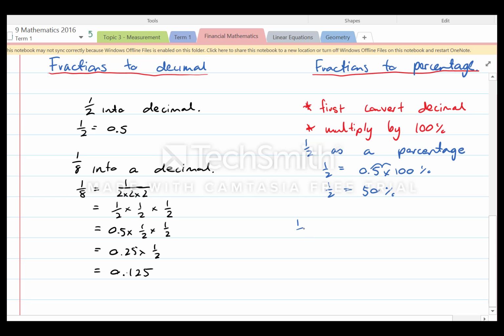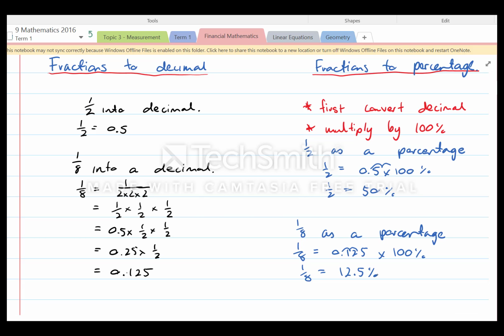When we look at 1/8 as a percentage, then we know that 1/8 is equal to 0.125. And when we multiply that by 100%, we jump that decimal 2 to the right again, and 1/8 is the same as 12.5%.